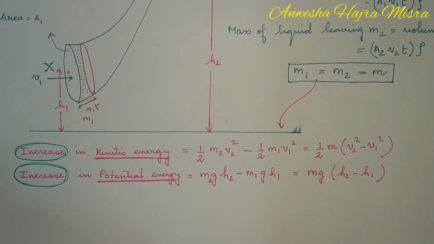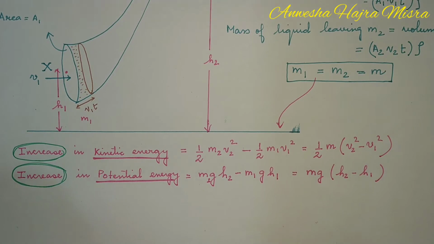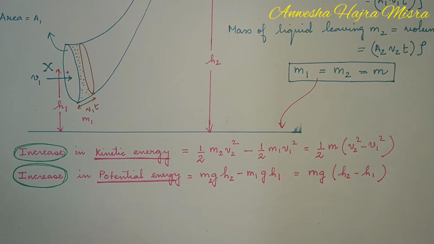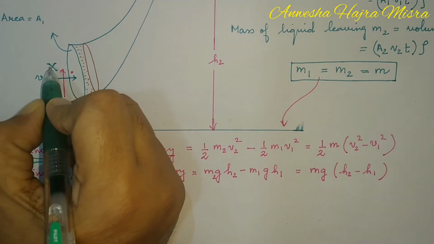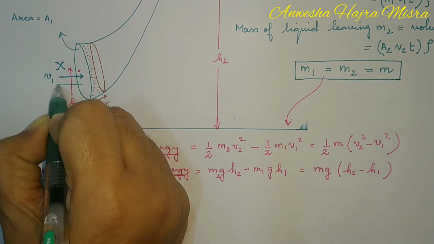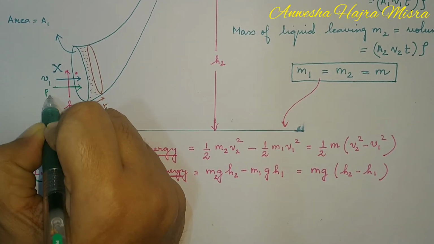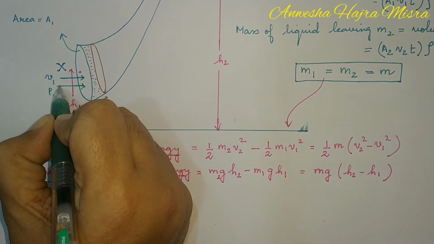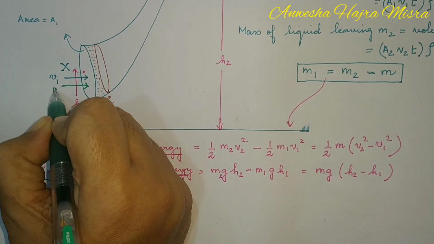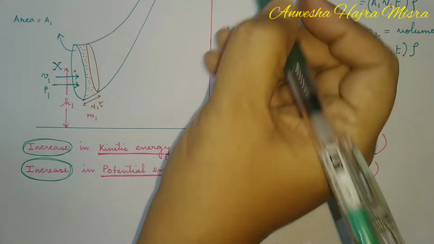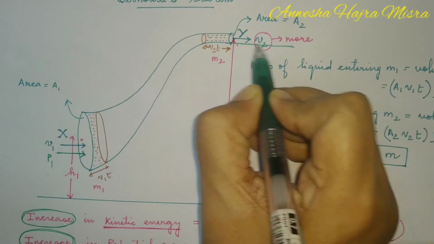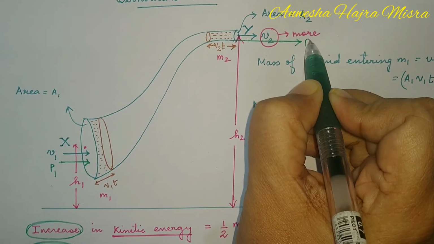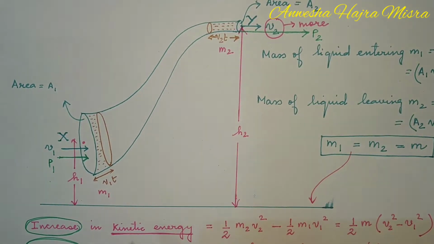Like when you lift water from the ground floor to your terrace, you need a pump to work. So let the pressure here be P1, by which you have to move the liquid, and the liquid comes out from here with a pressure P2.